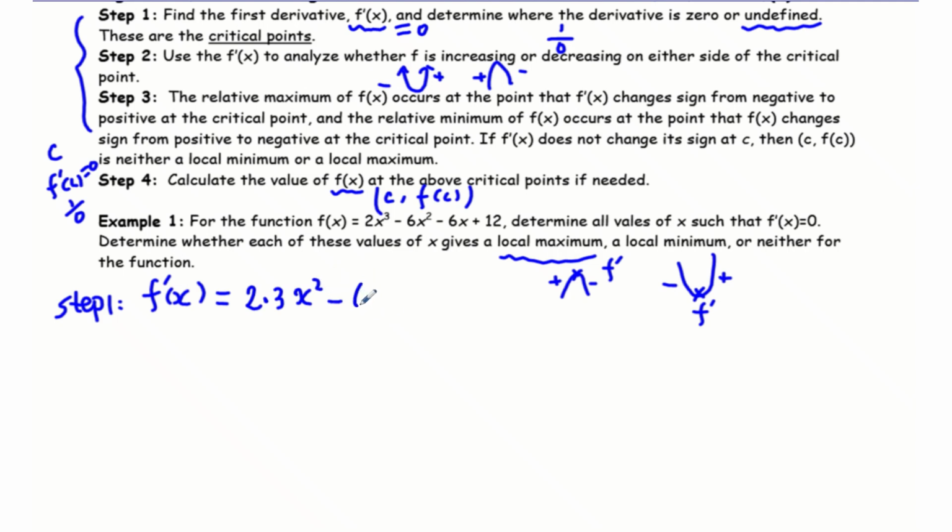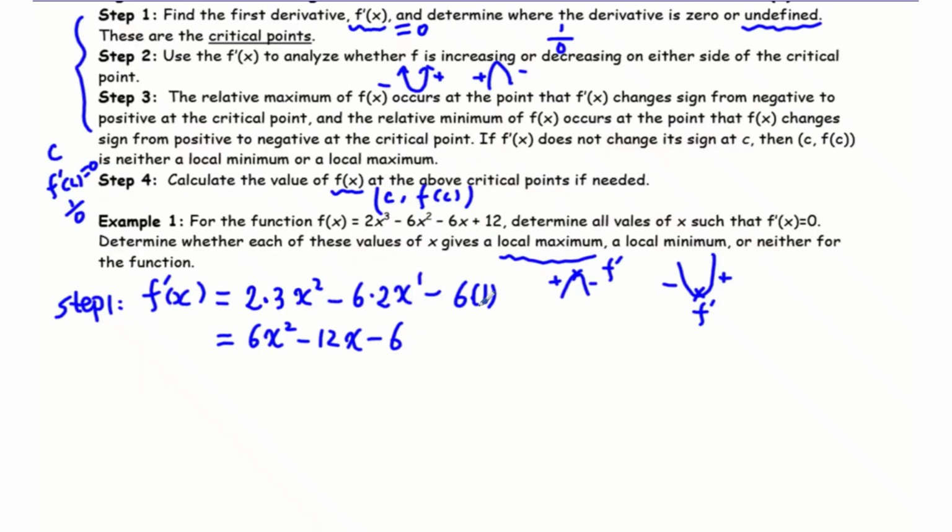Then minus 6 times the degree to the front, then the degree minus 1 is 1. So minus 6 times 1x, and 1 minus 1 is 0, so x to the exponent 0 is 1, so no x is left. And for the constant, bring the 0 to the front, and 0 times anything is 0. So we have 6x squared minus 12x minus 6.